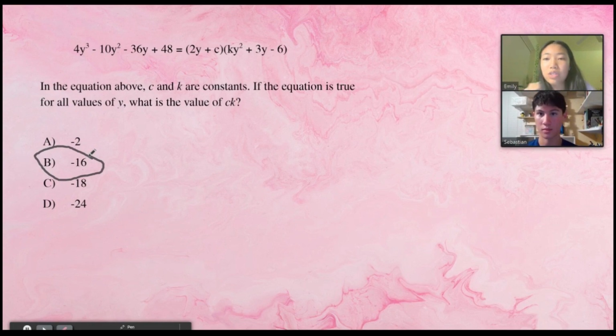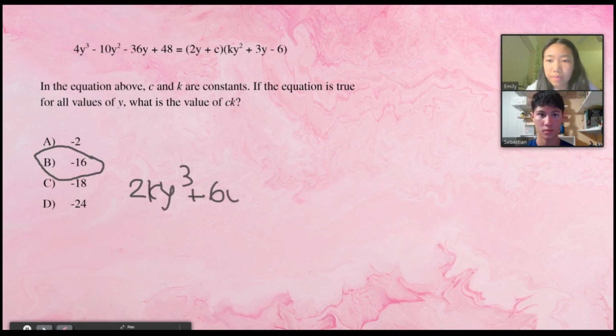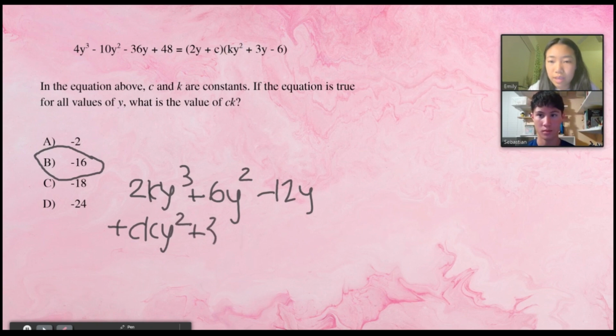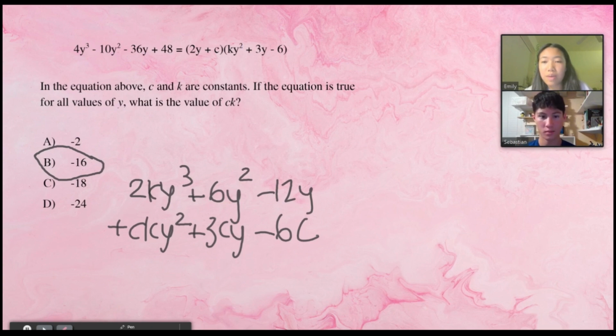So we can start by multiplying, or foiling, the right side. So we're going to get 2ky cubed plus 6y squared minus 12y plus cky squared plus 3cy minus 6c. So our approach here is going to be coefficient matching.